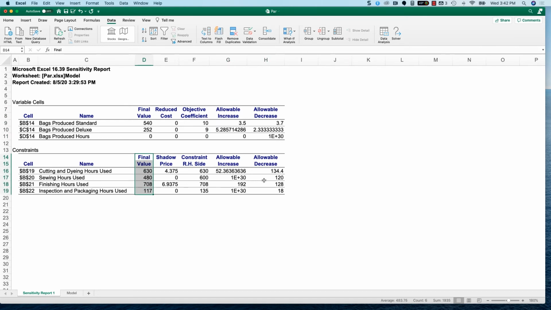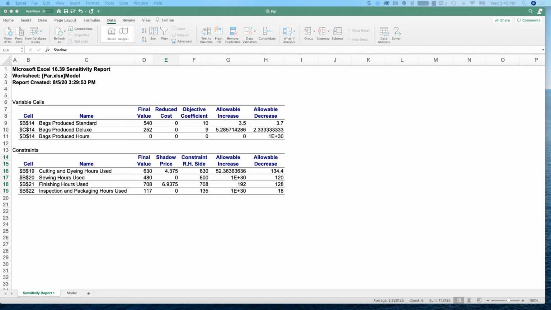For the constraints, you have a similar setup. Here are all of the constraints and the final values for those. You have what's called the shadow price. The shadow price just tells you how much the optimal solution can be increased or decreased if we change the right-hand side values, or the resources available, by 1 unit.